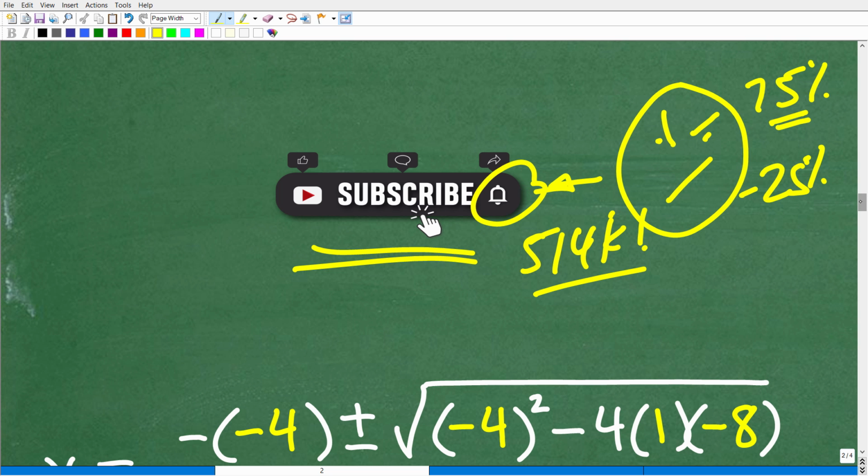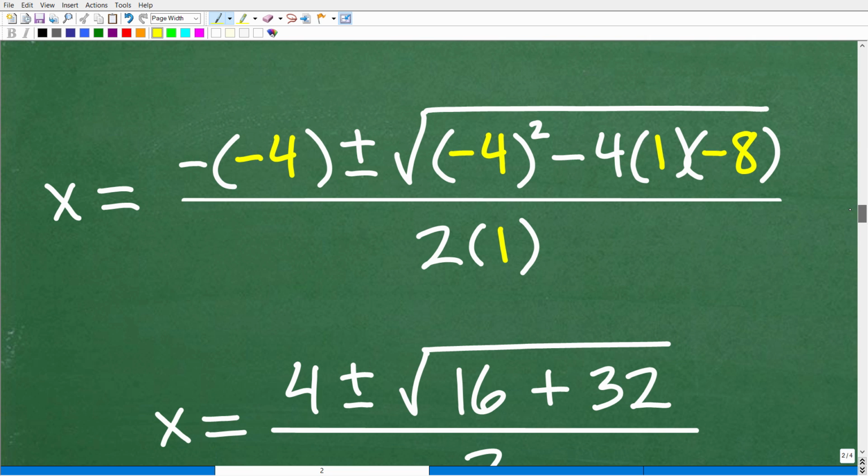Let's get back to this problem because we have a lot to cover. All right, so here is our setup. Now, when you are using the quadratic formula, you need to have the discipline to take one or two steps at a time. There's a lot of number crunching going on. You don't want to do it all in one or two steps because you really want to get done with your math so you can move on and do something more interesting like video games.